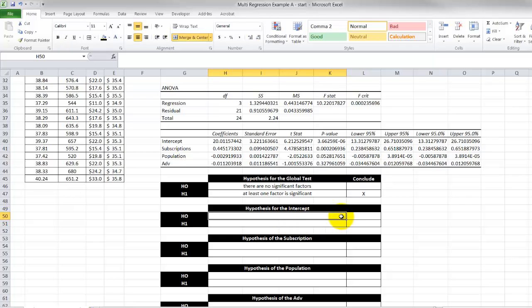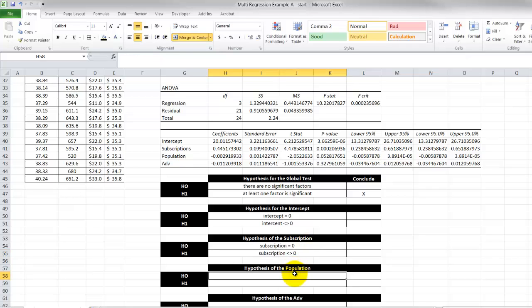Okay, so in this case for the intercept, we are going to write out the initial hypothesis that the intercept equals 0. Basically, the alternative is that the intercept does not equal 0, meaning it's significant. Subscription is the same thing. Subscription is 0 if it is insignificant, and subscription does not equal 0 if it is significant.